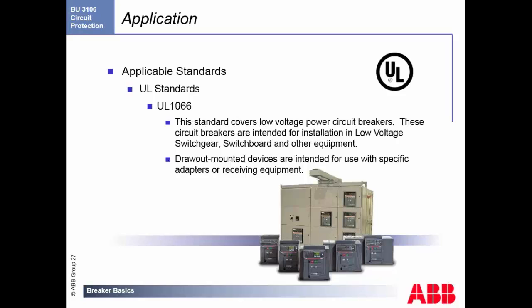Another UL standard that we are for is the UL 1066. This is power circuit breakers. Now these are really the heavy duty type breakers. They're for installation in switchgear and switchboard. This is where you're going to have your draw out or your fixed, and it's intended to use with specific adapters or receiver.